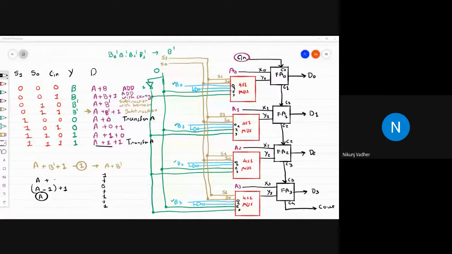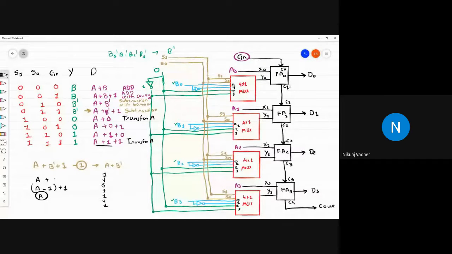Okay, this is resulting into transfer A because A plus 1 can be represented as A minus 1. Why? Because complement of 1 is 0, 0 plus 1, which means 2's complement of 1 is 1 itself. So A plus 1 becomes A minus 1 plus 1.